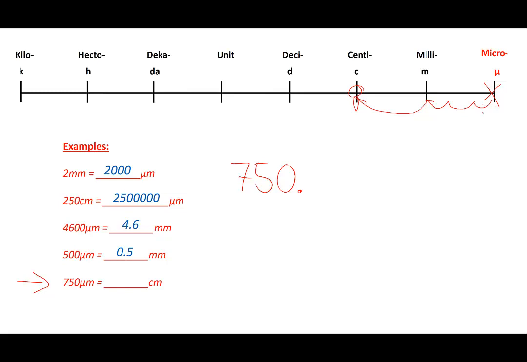We're moving it 1, 2, 3, 4 steps to the left. We'll fill in with a 0 there. We'll clean it up, and it's 0.0750, or simply 0.075. So 750 micrometers is the same as 0.075 centimeters.